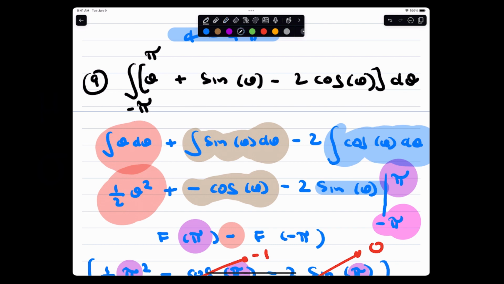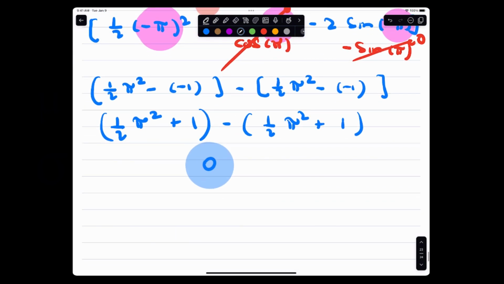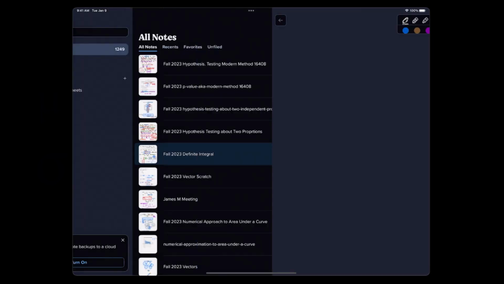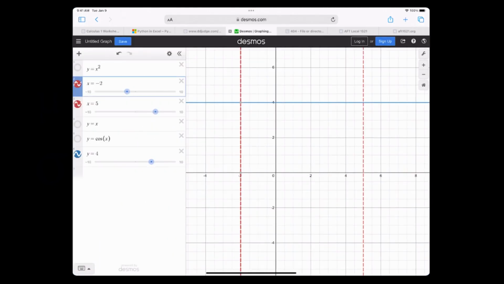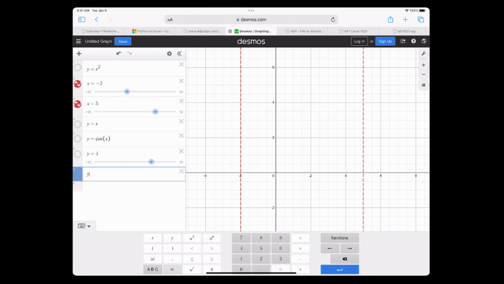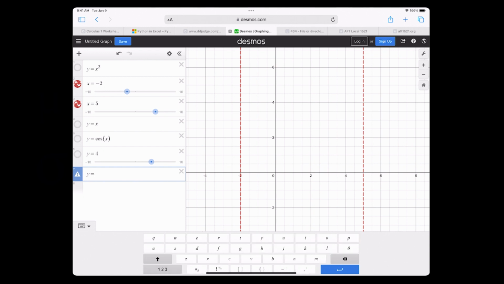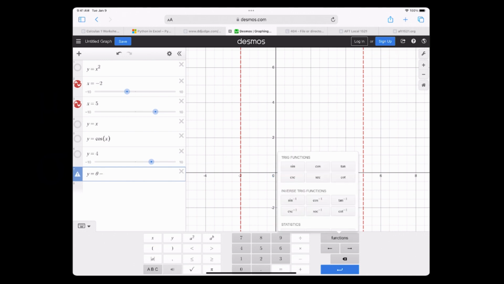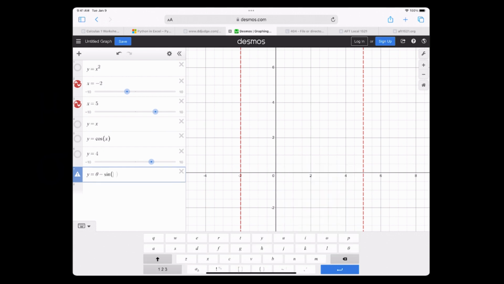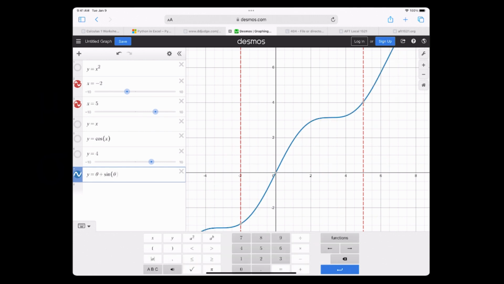Let's check something in Desmos. Theta plus sine theta minus 2 cosine theta. Sorry, where's Desmos? Y equals theta, plus sine theta, and then minus 2 cosine theta.